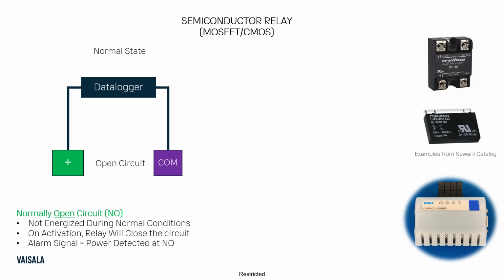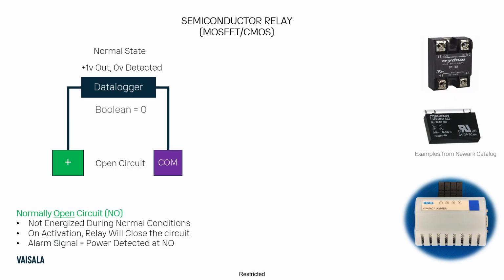So you need to understand a little bit more about where the positive terminal is on the relay itself. If you get it backwards, there's actually polarity to the contact logger, and it simply won't work at all. So you need to be conscious of that, and I'll get into that when I show you the way that the terminals work on this specific data logger.